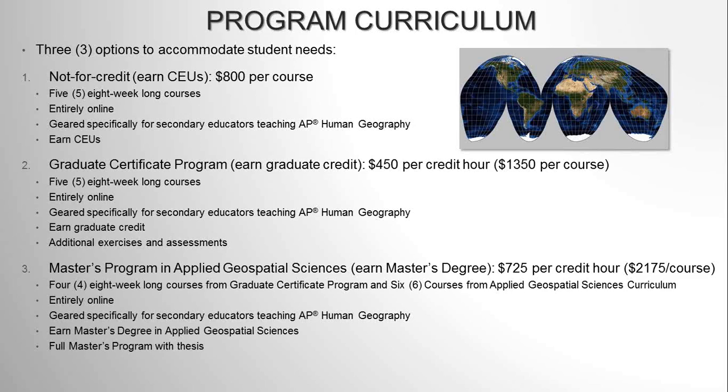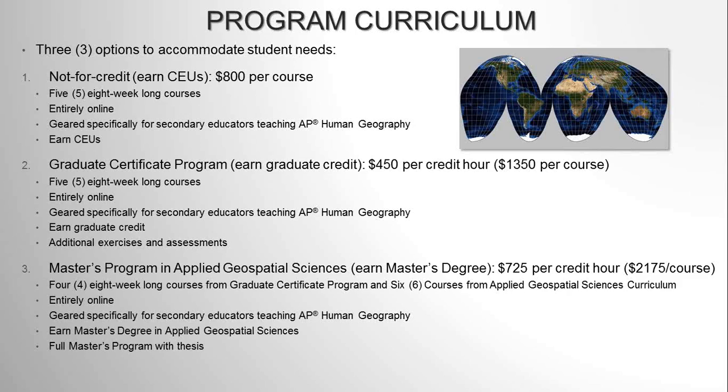The second option is one that has existed in our program, and that is the Graduate Certificate Program, where participants will earn graduate credit. Currently, that's priced at $450 per credit hour, or $1,350 per entire 8-week course. Again, the courses are 8 weeks long. They are entirely online. They are geared specifically for secondary educators teaching AP Human Geography, but others may benefit from some of the spatial components in using ArcGIS Online as well.